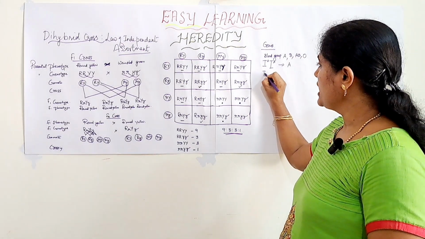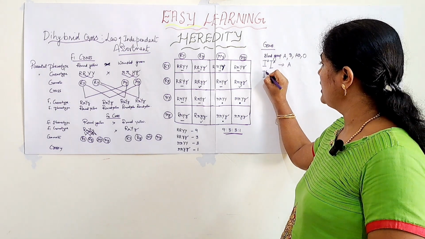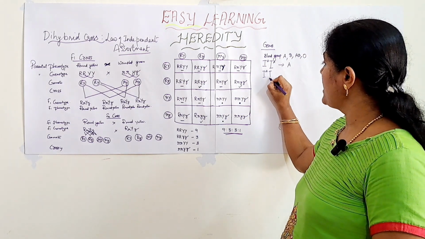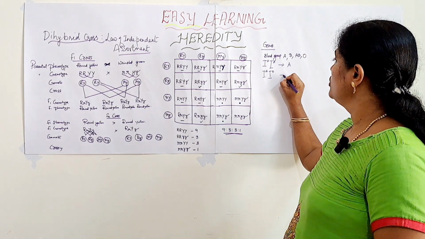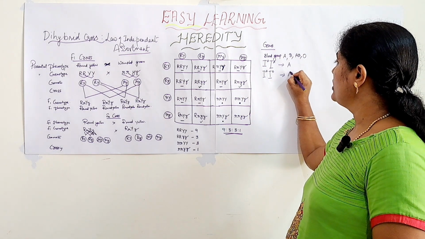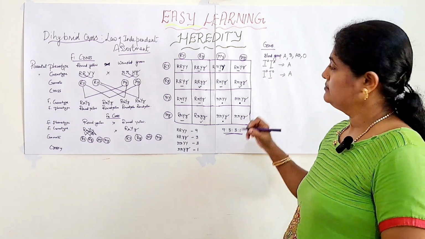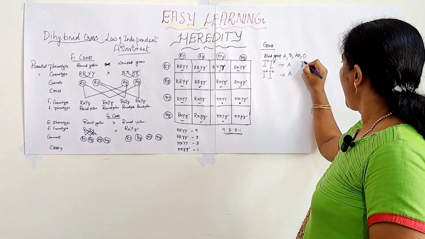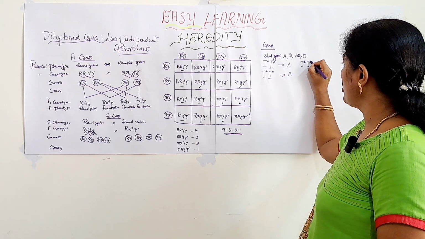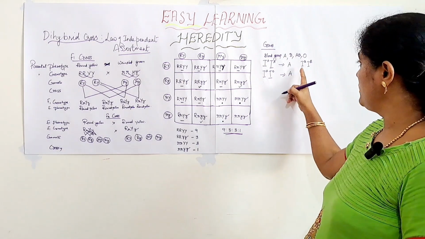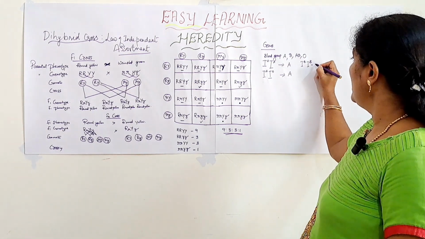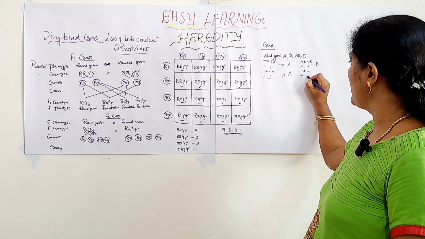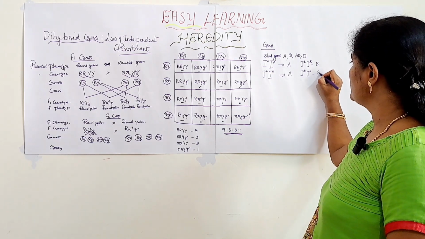And also, if the person has the gene formation IA and IO, then also the blood group will be A. If the person has IB, because the genes always occur in pairs, that is why we are writing two times, here the blood group will be B, and if it is IB and IO also, then also the group will be B.